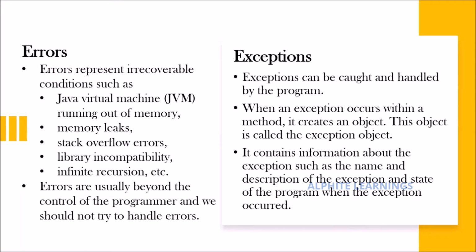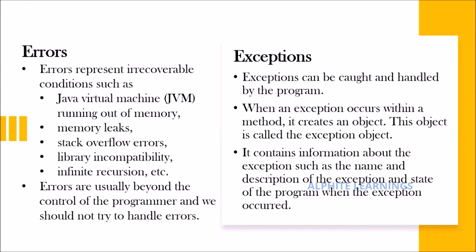Do you remember while learning the for loop, I told you that if you give the decrement operator minus minus, and you check your condition with some i less than or equal to 10, it will keep on decreasing the value, and the condition is always going to be true, and it creates an error.